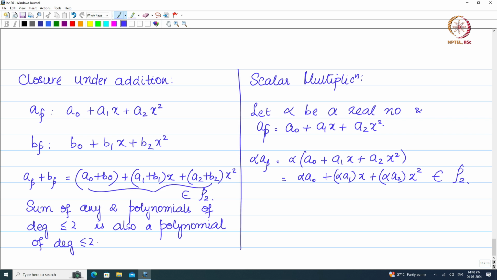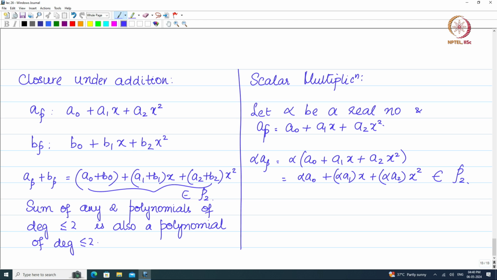How about the 0 vector? How about the 0 polynomial? Since we have said it is a polynomial of degree less than or equal to 2, you can actually have just a constant. That means the coefficients are all 0, in which case the 0 vector is also present.